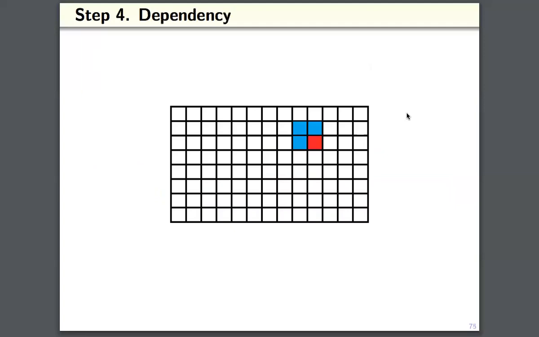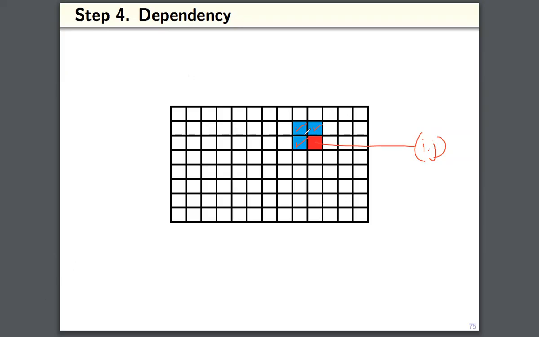And what will be the dependency diagram? Suppose this is your i, j cell. That depends on i minus 1, j minus 1. This is i minus 1, j. This is i, j minus 1.